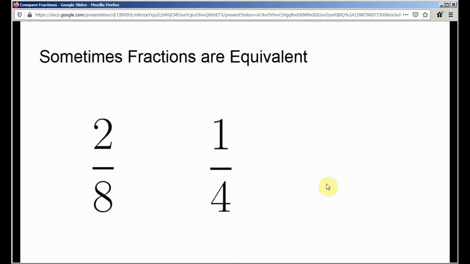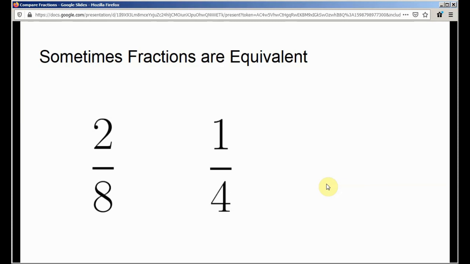Now this is very strange, but sometimes it happens that fractions look different but are actually the same fraction. So 2 by 8 needs to be compared with 1 by 4. Whether these fractions are the same or one is greater than the other, we don't know.